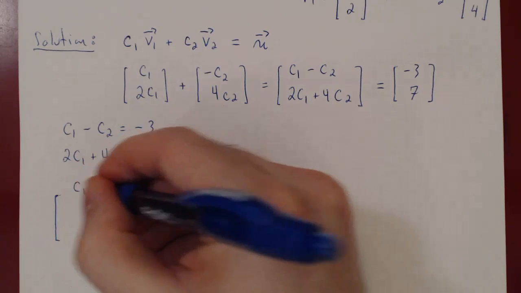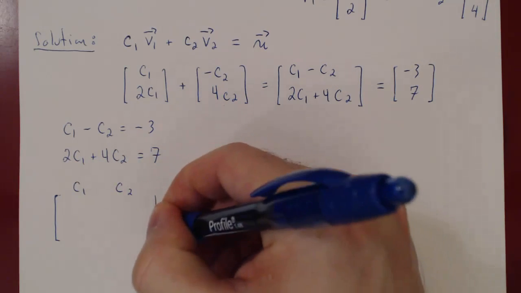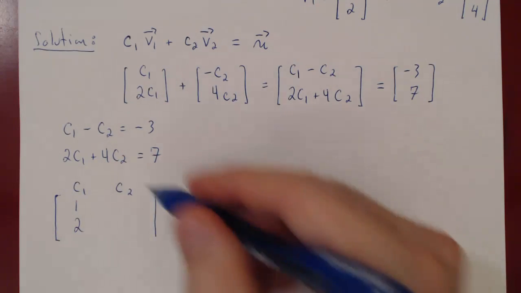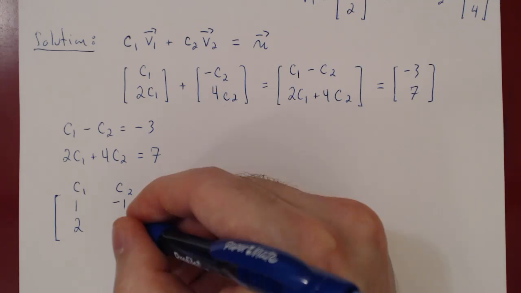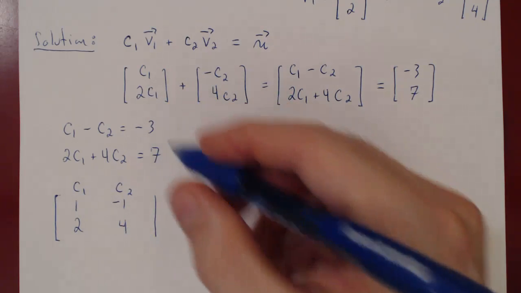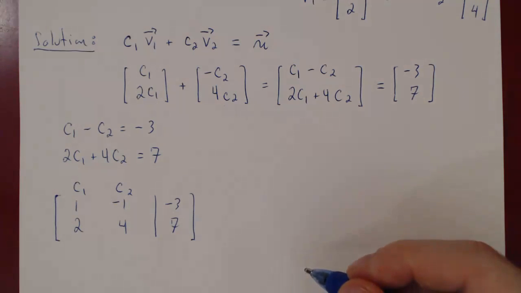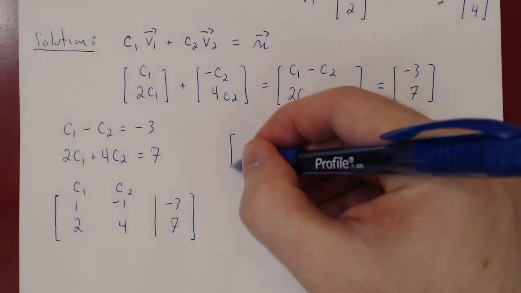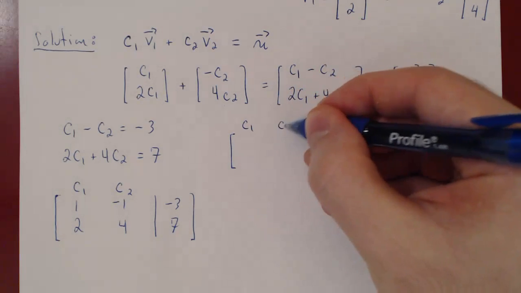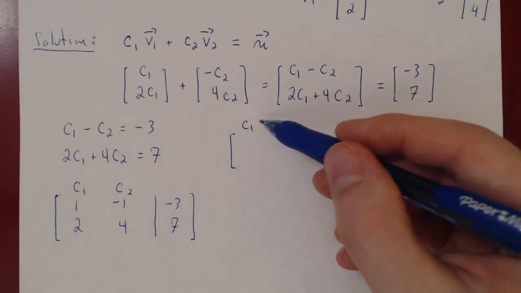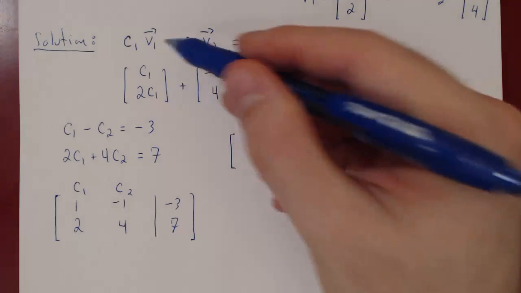The variables are C1 and C2. Multiples of C1 are 1 and 2. Multiples of C2 are -1, 4. And the constant term is -3, 7. And as we have claimed, if you look at this augmented matrix, the first column of our matrix is the first vector v1, right?